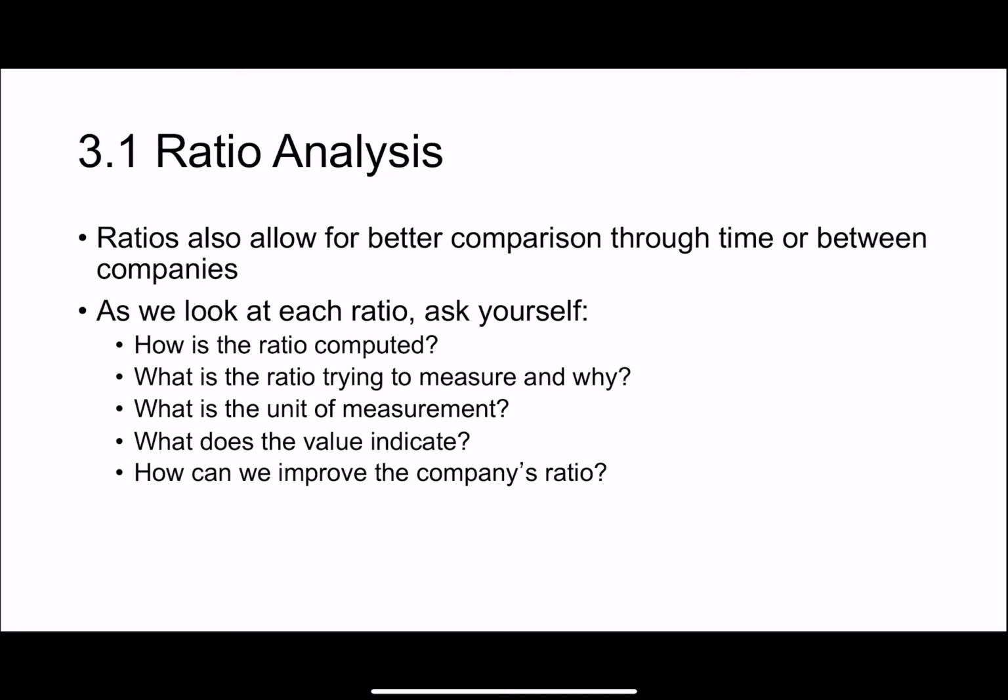First of all, why a ratio? Why not just raw numbers? Well, if you simply look at dollar values or raw numbers, you will not be able to compare between companies that have different size. Also, you will not be able to compare for the same firm over time.